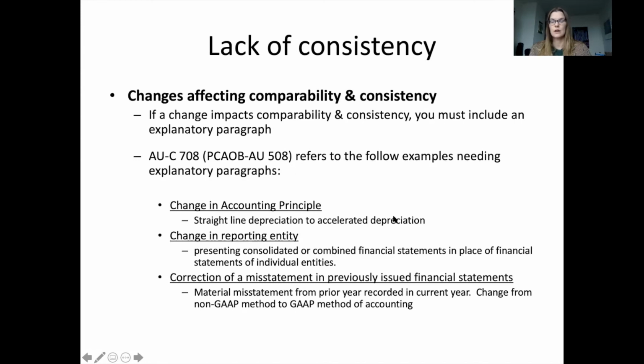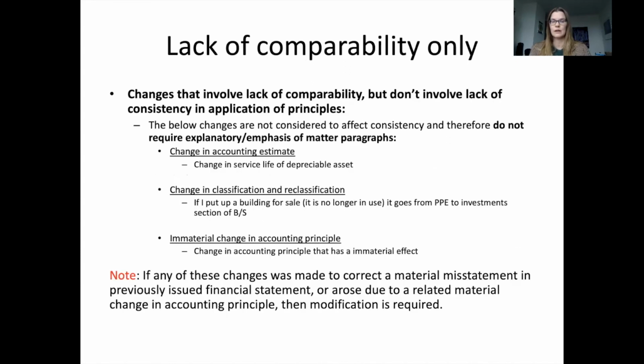We changed our guiding principle for how we account for depreciation from straight line to accelerated. So now let's say we're using straight line in both years, but we changed the useful life of a depreciable asset. Okay, so this is something where we can see the underlying principle guiding how we do depreciation hasn't changed, but we're adjusting our useful life.